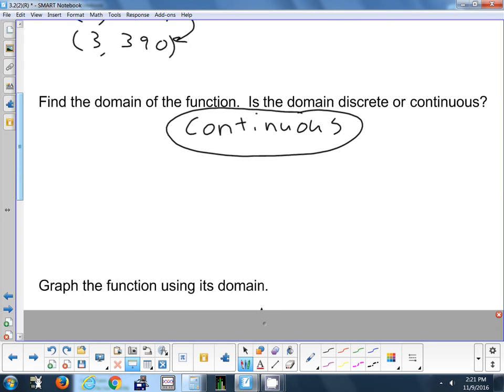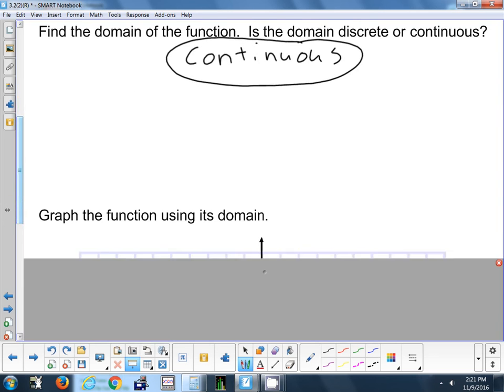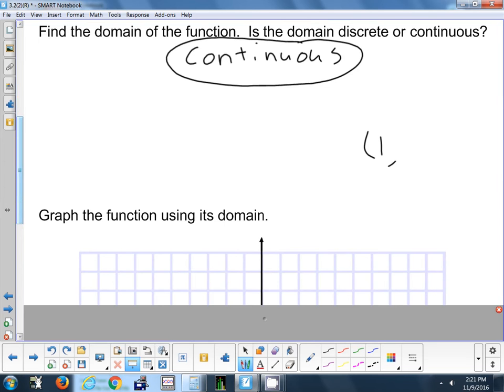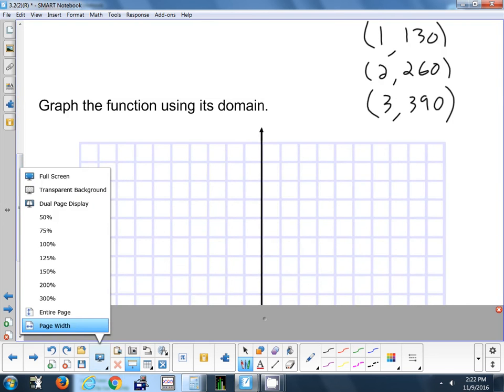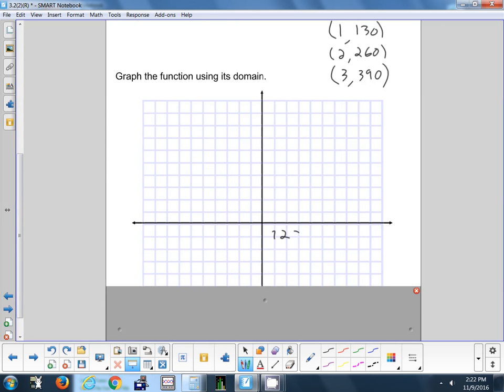So now let's graph the function using its domain. This time I'm not going to do the whole table because you guys already seem to get some of the points. 1 candy bar was how many calories? 2 candy bars. And let's just do 1 more, 3 candy bars. All right. Let's graph those points. Now, on my graph, I can go by ones here. That's okay.